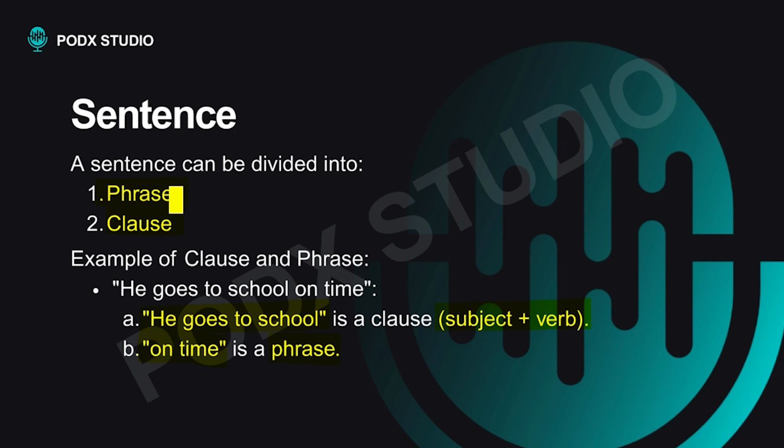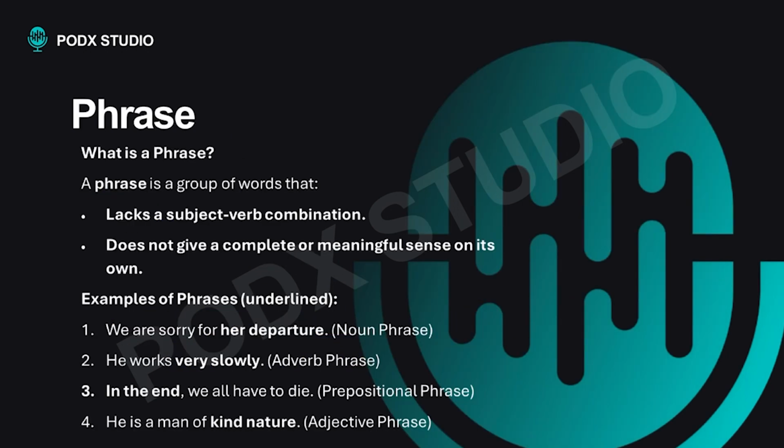Let's move further. What is a phrase? As I told you, a phrase is a group of words. Remember, a group of words, not a single word. It will have a lack of subject plus verb combination. It means it will not have a subject plus verb combination, and it will not give a meaningful sense or meaningful thought. For example, we are sorry for her departure.